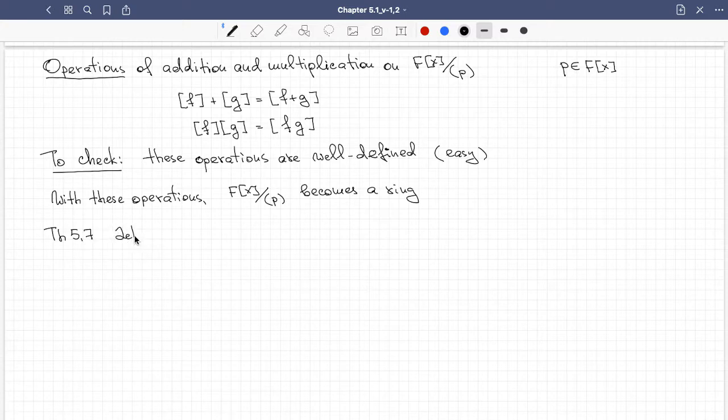Let p in F[x] be a non-constant polynomial.